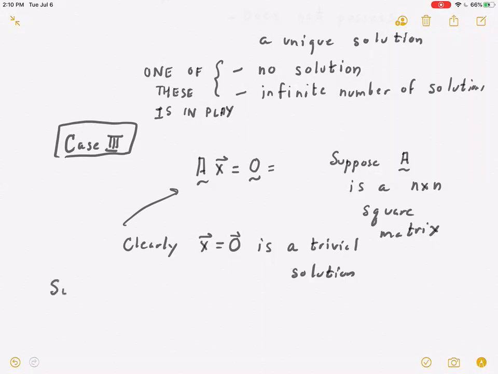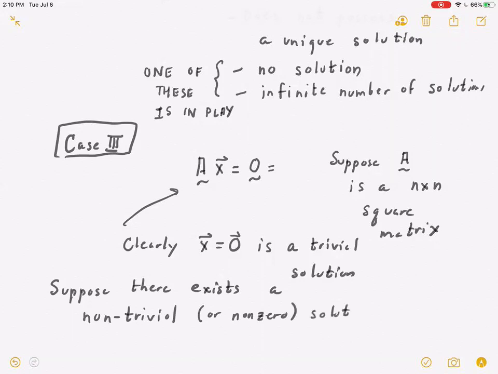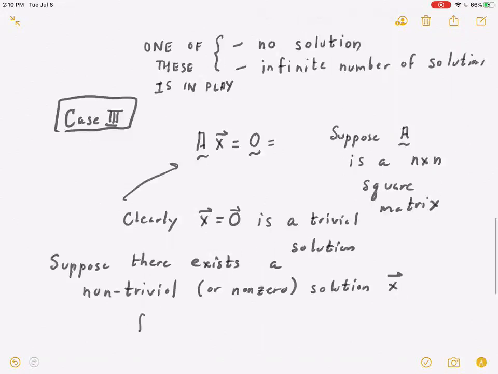Now, suppose there exists a non-trivial or non-zero solution to this problem, which we'll call x, for which my matrix multiplication is true.